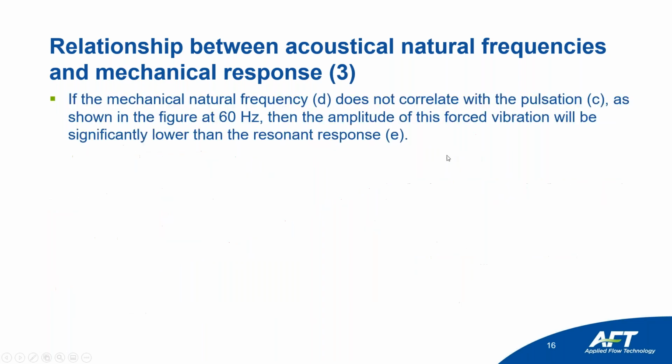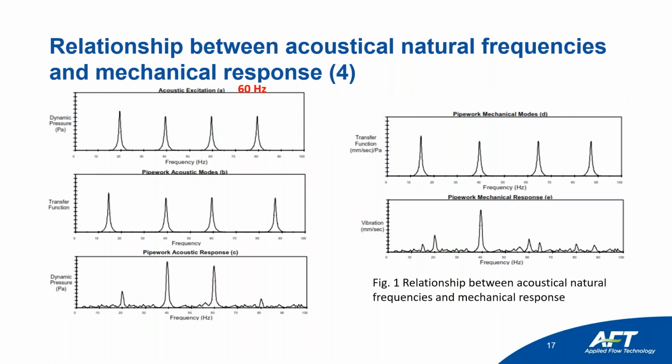Let's see another case. 60 hertz. If the mechanical natural frequency does not correlate with the pulsation, as shown at 60 hertz, then the amplitude of this forced vibration will be significantly lower than the resonant response. So what happened at 60 hertz?